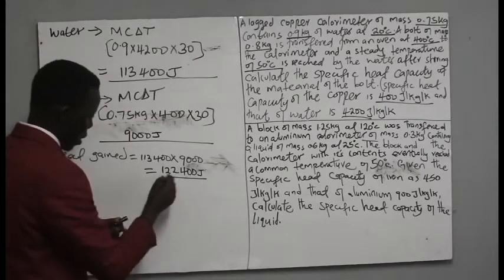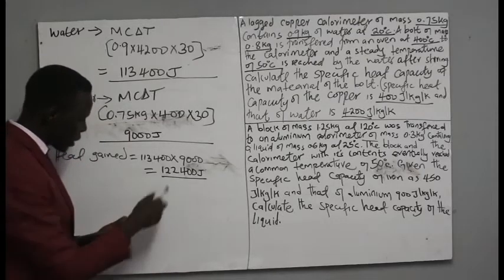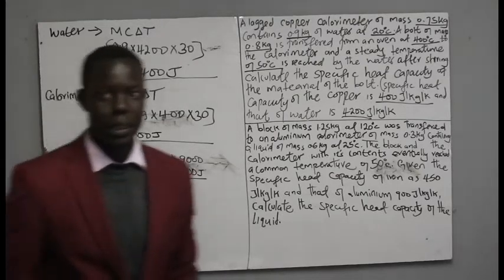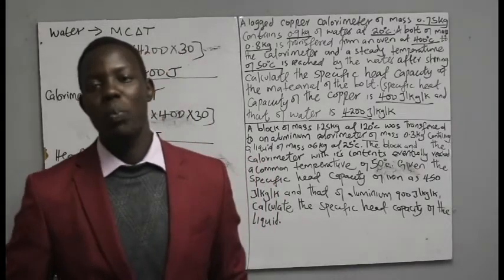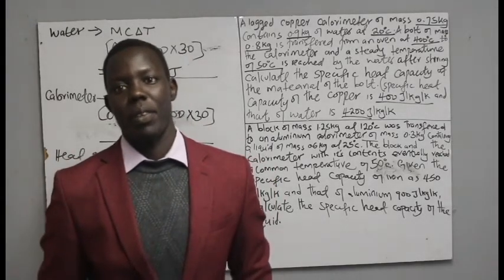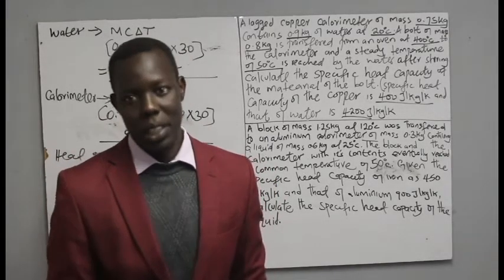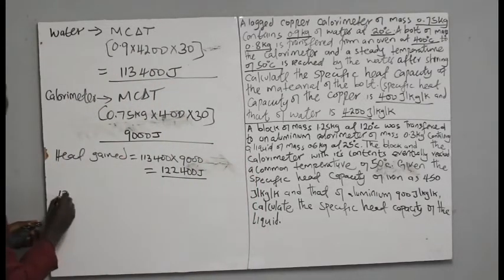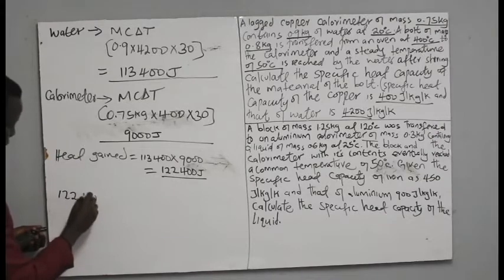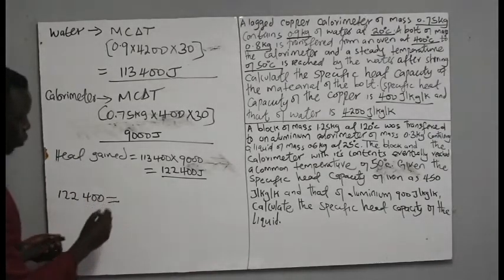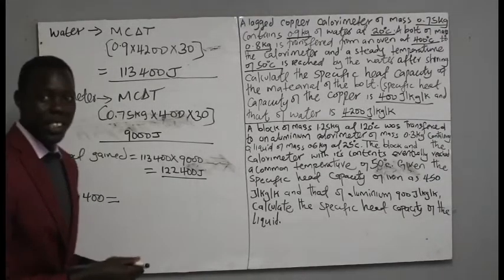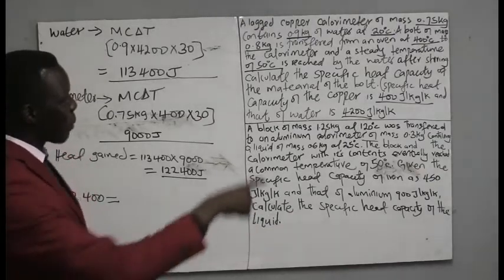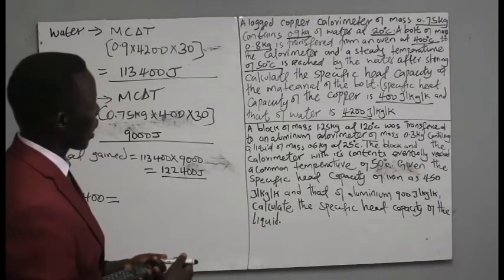Now these 122,400 joules are the heat that is going to be lost by the bolt. So 122,400 joules should be equal to mc change in temperature of the bolt. What's the mass of the bolt? Are we given?